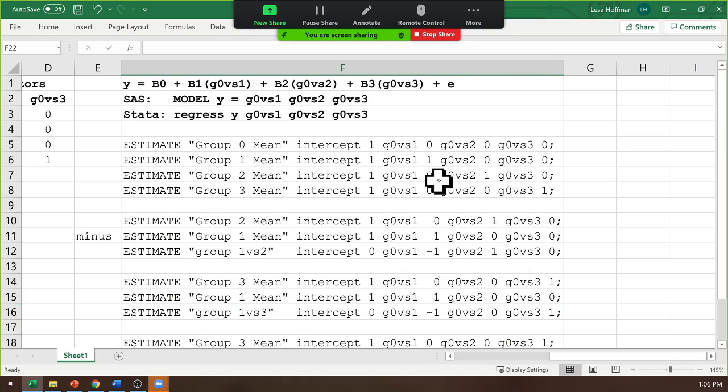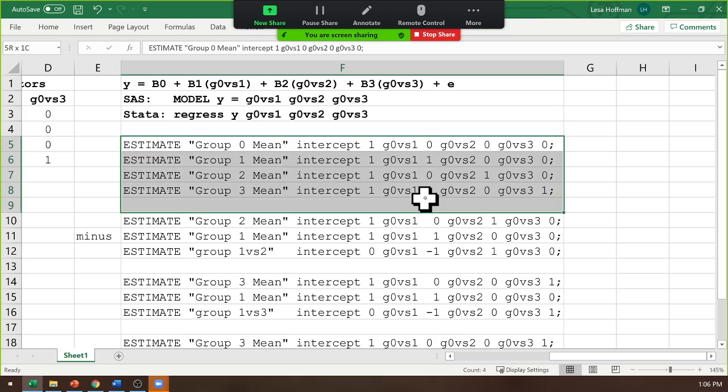Do you mean these things right here? Yes. These are the model implied group means. So they each have the intercept as a component of it, but to get to the mean for each group, it's the intercept plus the effect of the slope that differentiates that group from the reference.